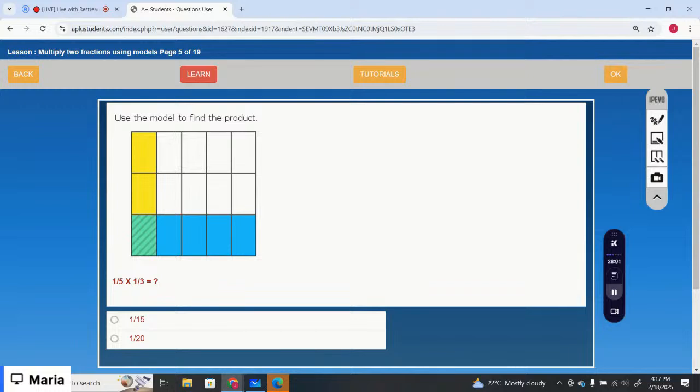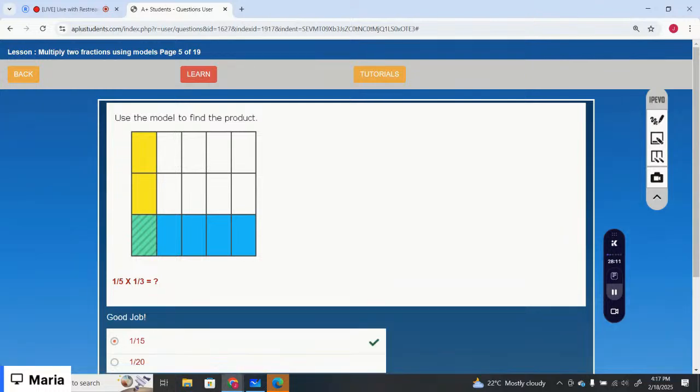Use the model to find the product. So which is the correct option? That is 1 out of 15. Option number 1 is the correct option.